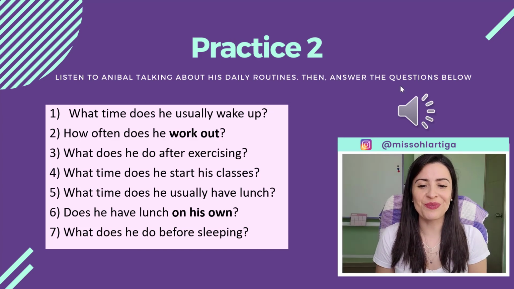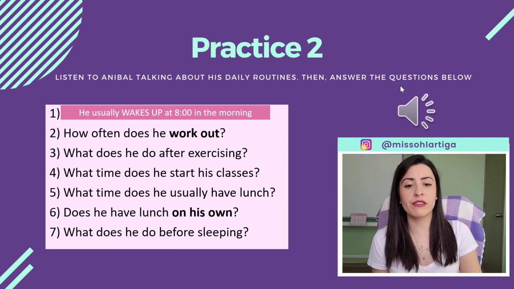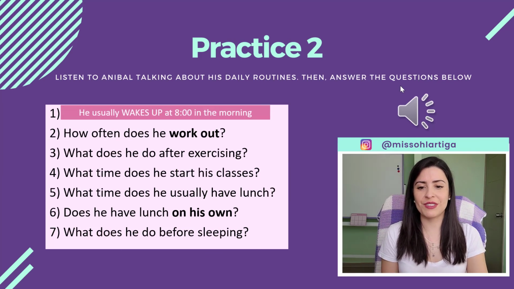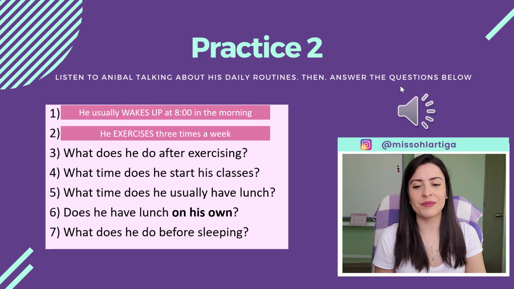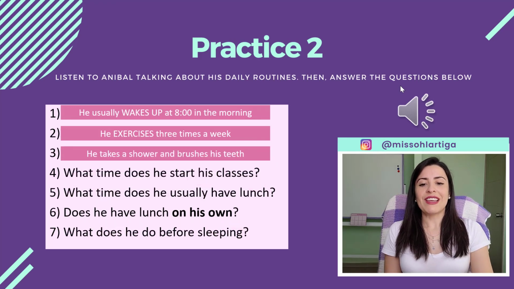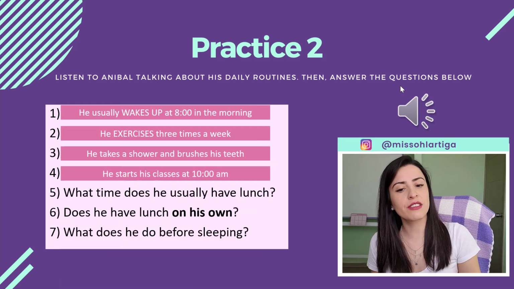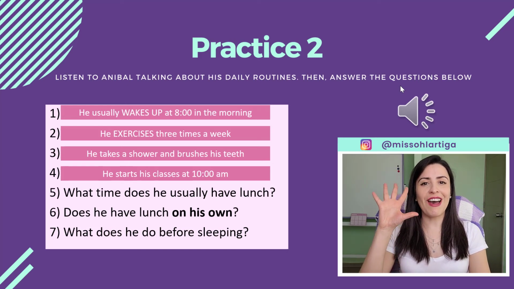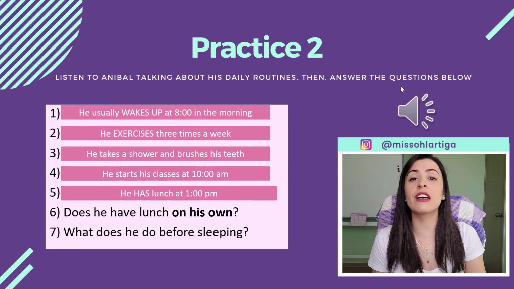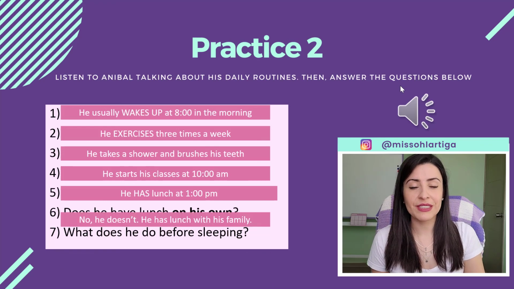Time to check now. Number 1, he usually wakes up at 8 in the morning. 2, he exercises 3 times a week. 3, he takes a shower and brushes his teeth. 4, he starts his classes at 10 a.m. 5, he has lunch at 1 p.m. 6, he doesn't.